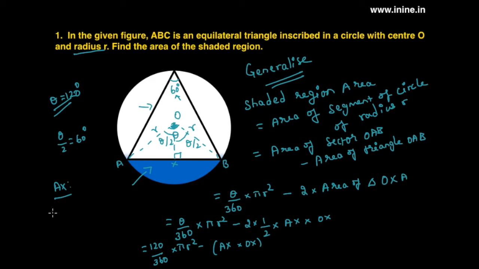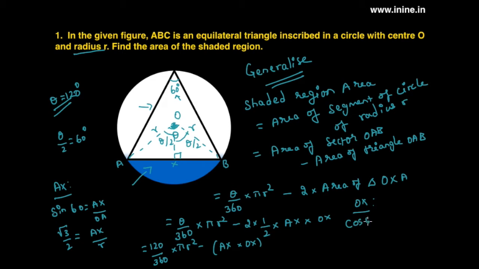So we can write sine 60 equal to AX by OA, or root 3 by 2 equal to AX by r. Similarly, OX can be found using cos theta.